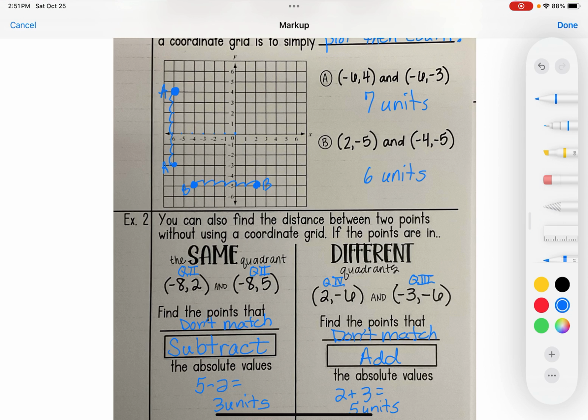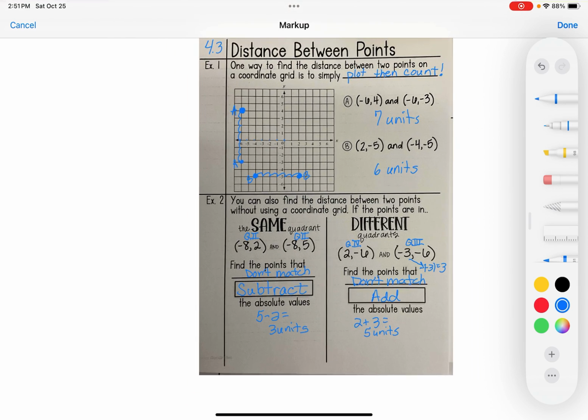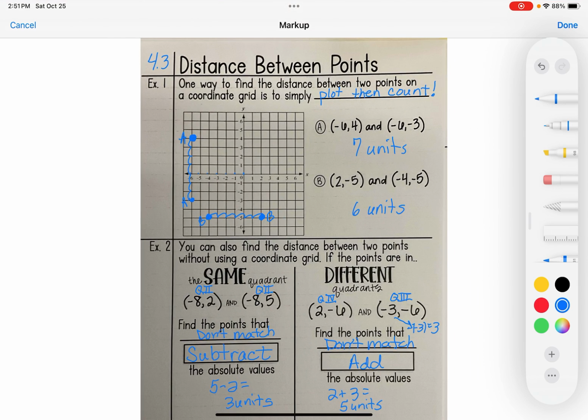Remember, I'm taking that -3, okay, and the absolute value of -3 is 3. So that's what I'm using, okay? So the 2 and the 3 don't match. I add them together and I get 5 units, okay? And that's all there is to finding the distance between 2 points.